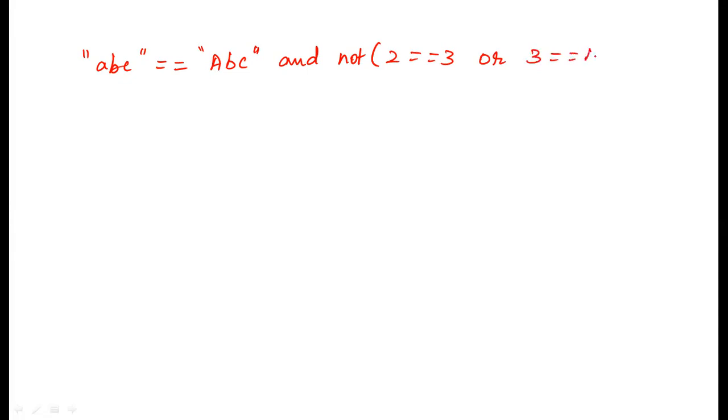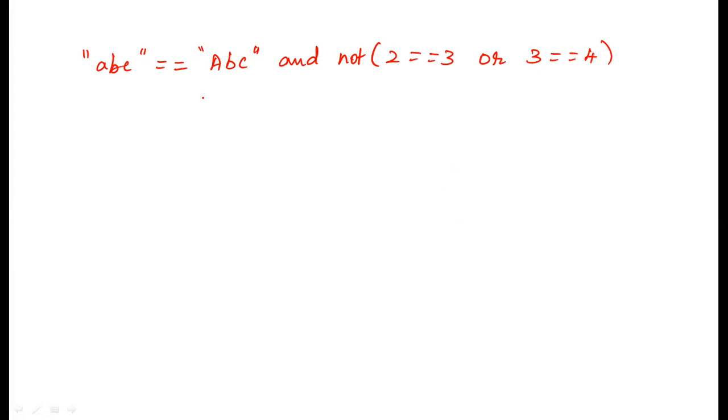Next example: 'ABC' equal to 'ABC' and not of 2 equal to 3 or 3 equal to 4. So which has the highest precedence?